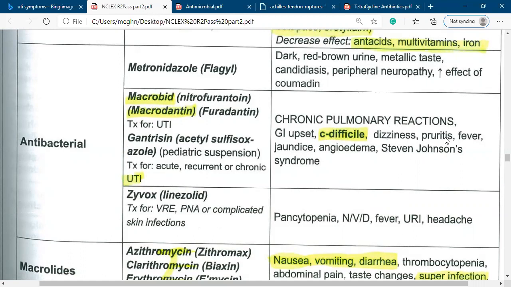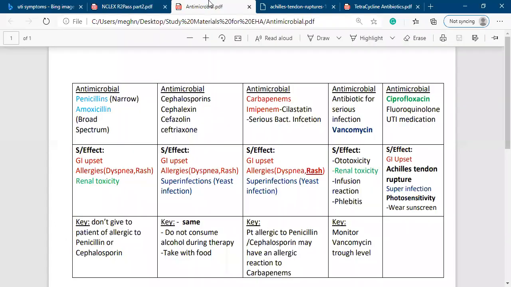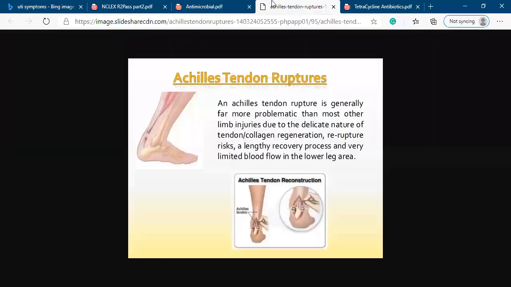But the most dangerous is Stevens-Johnson syndrome. Most important, you should know this for the NCLEX board exam.